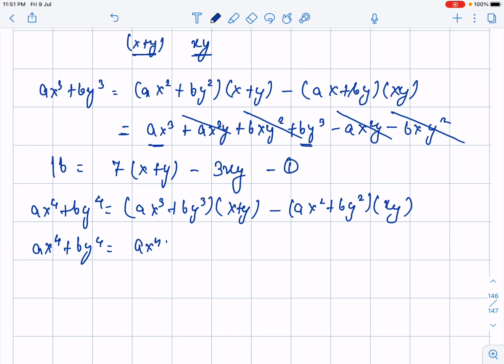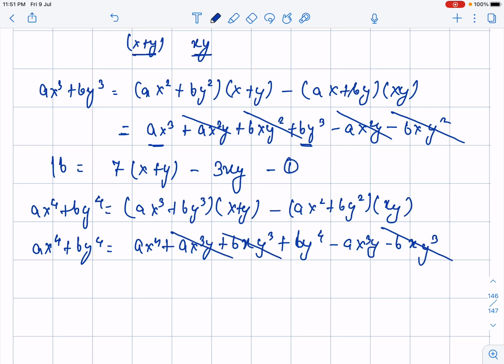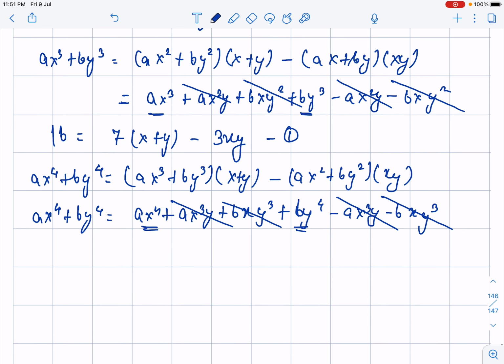So ax power 4 plus ax cube y plus bxy cube plus by power 4 minus ax cube y minus bxy cube. So this will get cancelled with this, and this will get cancelled with this. And since we are getting the same value of LHS, we'll proceed further.